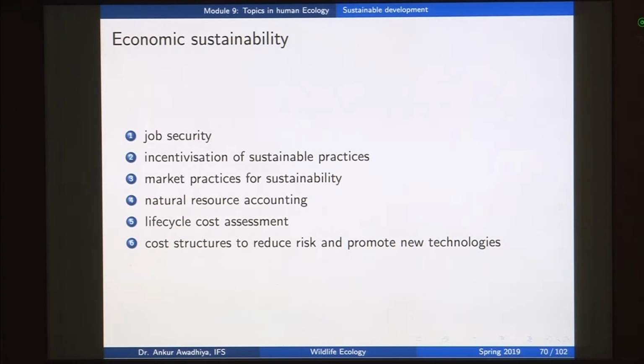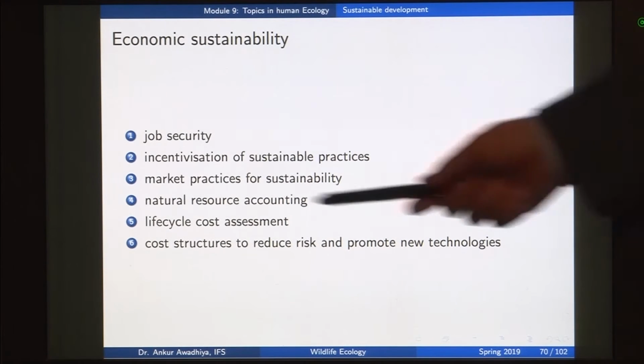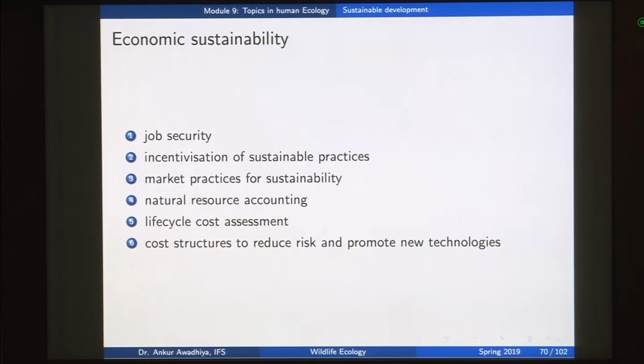Every company does an accounting, but is that accounting only limited to the profit and loss, or the amount of money that the company is getting? Is it only confined to the cash flows of the company, or does it also take into account the amount of natural resources that are being used by the company? If there is a mechanism by which we can make this compulsory, then we are talking about economic sustainability.